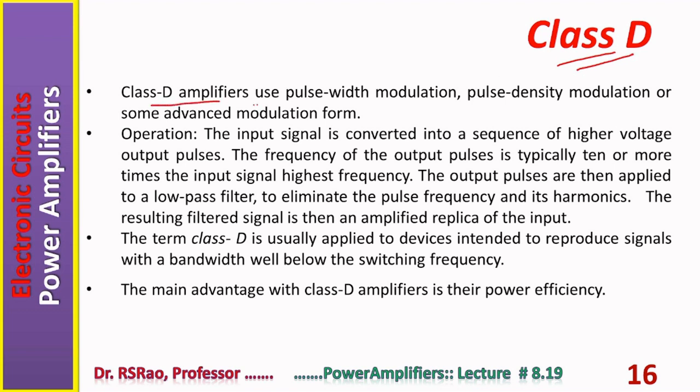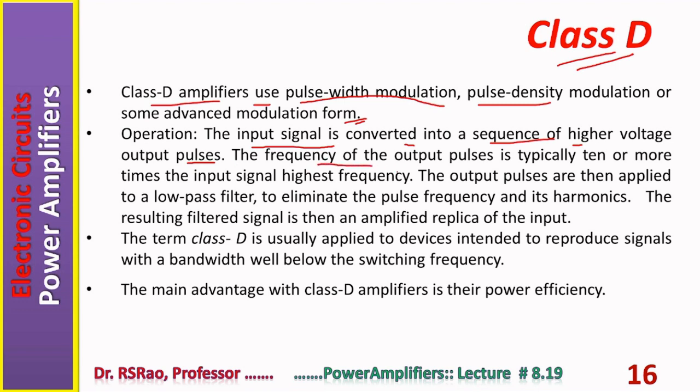Class D amplifiers use pulse width modulation, pulse density modulation, or some advanced modulation form. In their operation, the input signal is converted into a sequence of higher voltage output pulses.